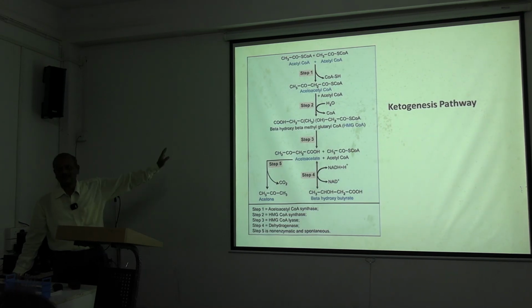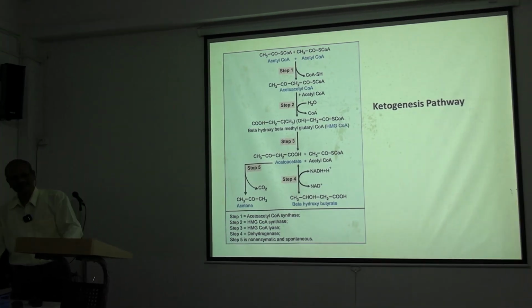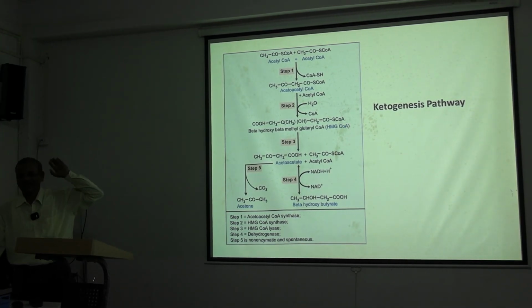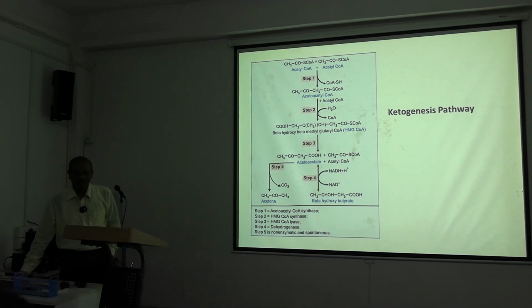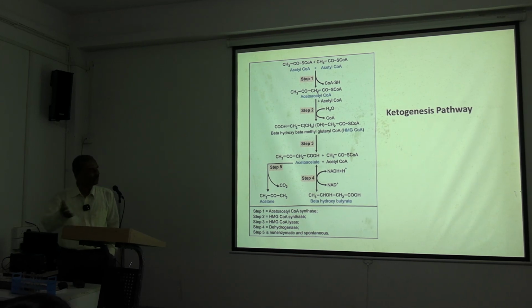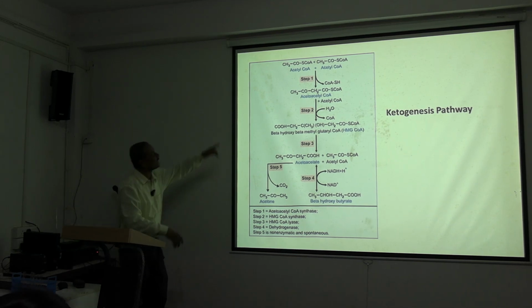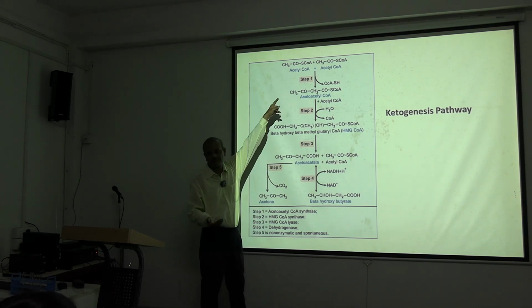This pathway will come in the exam; the examiner will ask you to tell it non-stop. This is available in the book. For understanding and remembering, see: the acetyl-CoA I told you is formed at the end of beta oxidation.